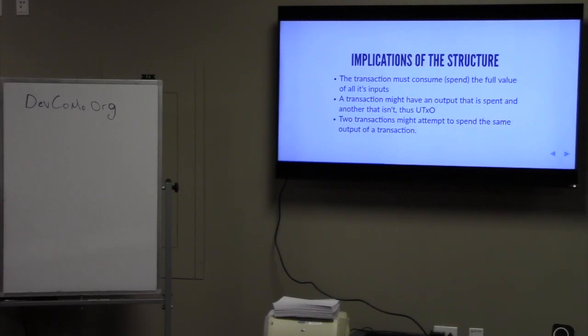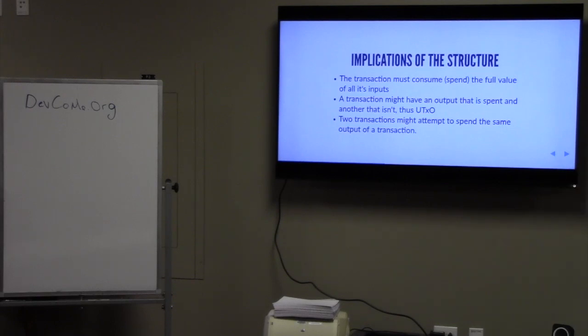Another implication is, since you have multiple outputs in a transaction, some of those outputs could have been spent while others couldn't. And this leads to some complications, because if I'm looking at James' transaction and I only have a record up to a certain point in time, then his output might have been spent by the time I go in and process everything I need to do to go and spend it.